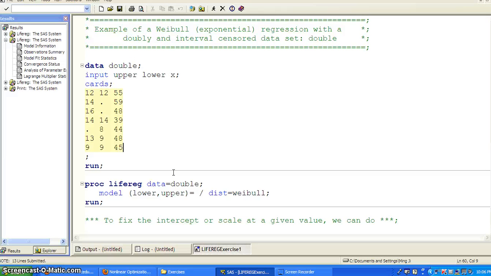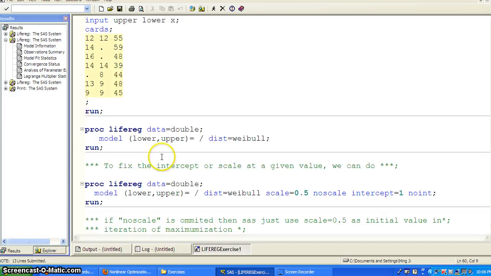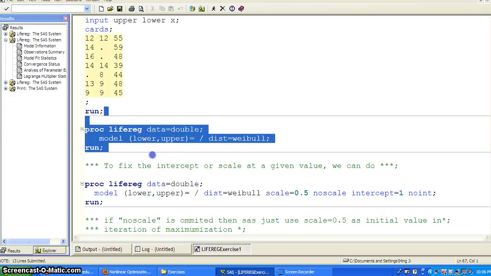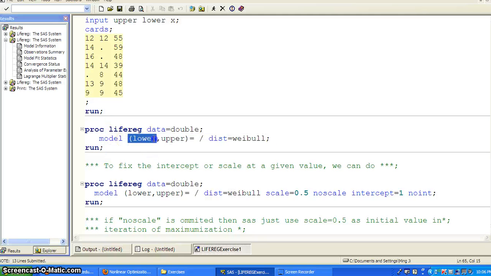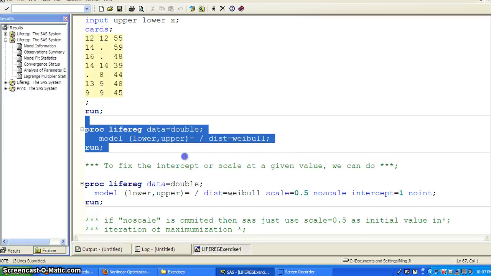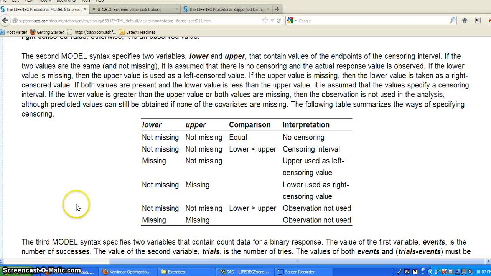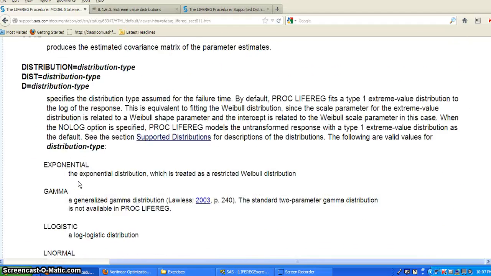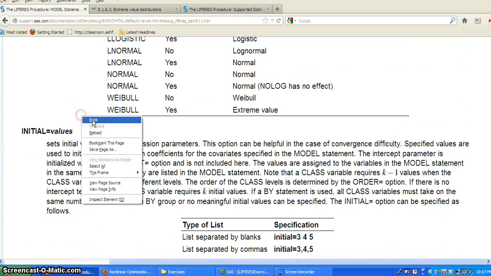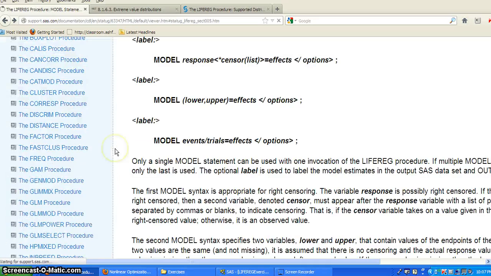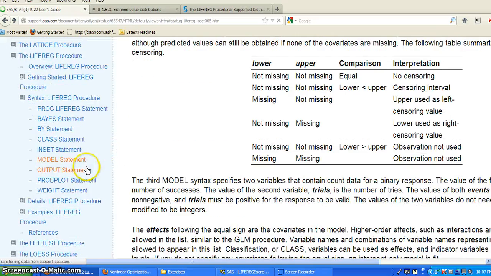Okay, so once we got here, then we can use this model statement, with parentheses lower comma upper equal to the intercept, and distribution equal to Weibull. So we're using a Weibull distribution, and the Weibull distribution in LIFEREG is actually a so-called two-parameter Weibull distribution.